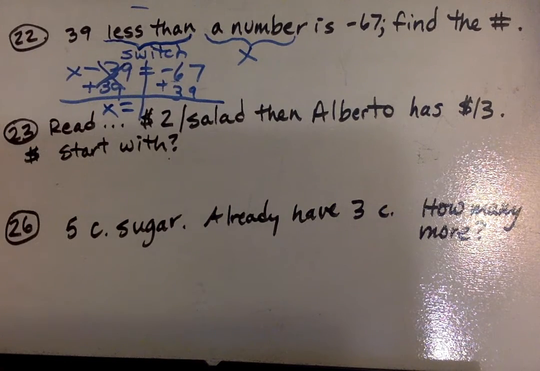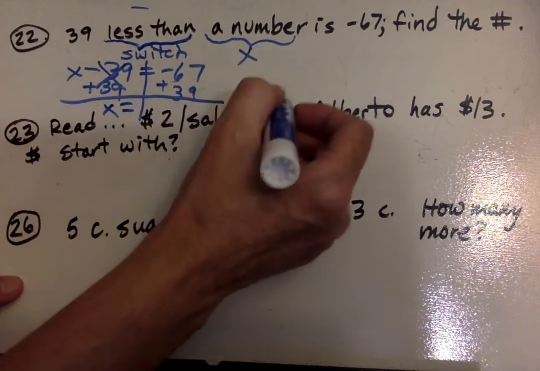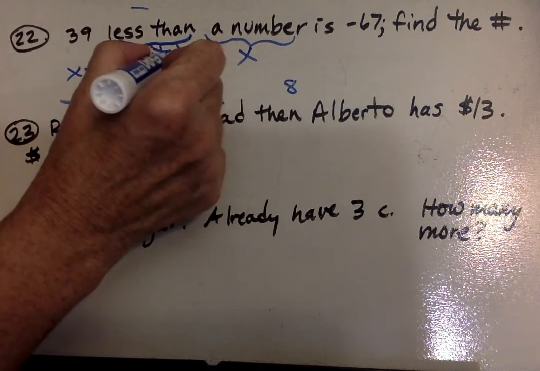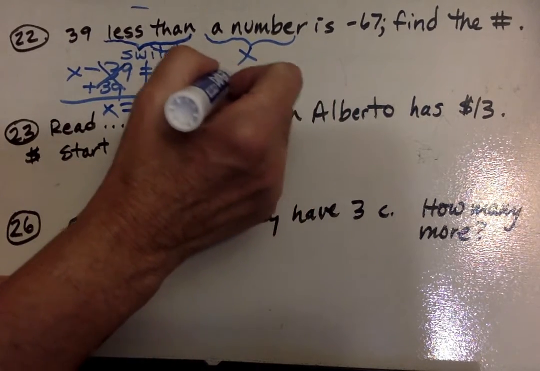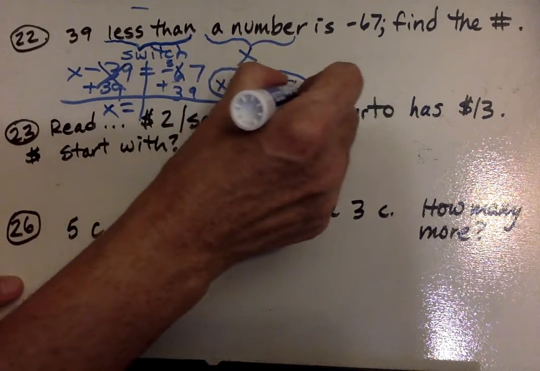Now, is that a battle or a party? Okay, it's a battle, and the 67 wins. So we have to subtract. 7 minus 9 is 8. And then we have to borrow that one. 5 minus 3 is 2, and the negatives win. So x equals negative 28.